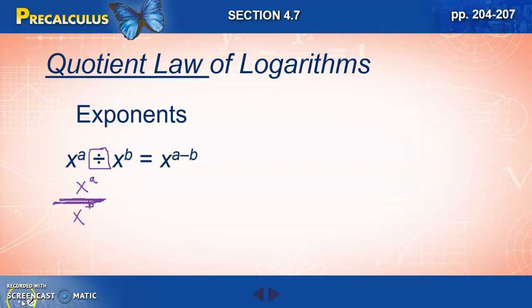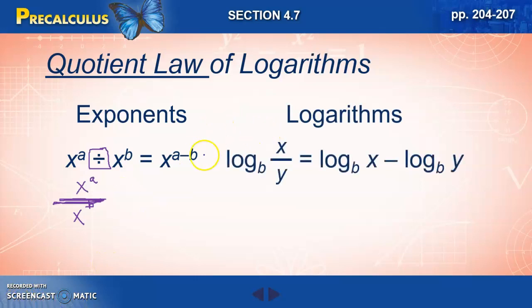The quotient law of logarithms says that the log of x divided by y to the base b is the same thing as the log of x to the base b minus the log of y to the base b. Again, hopefully you see this relationship here between our laws of exponents and our laws of logarithms.